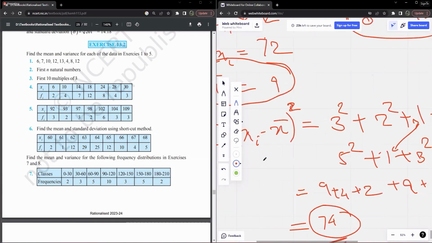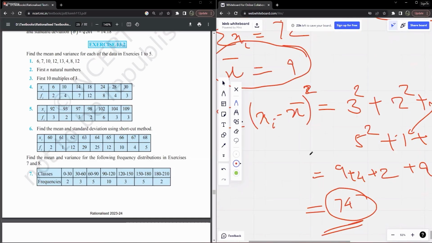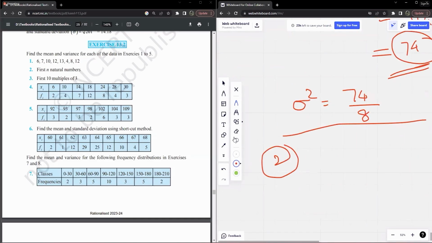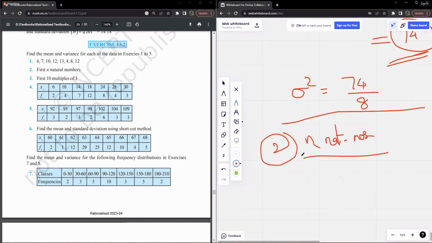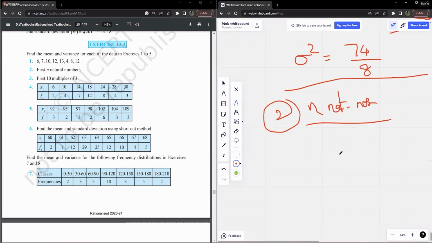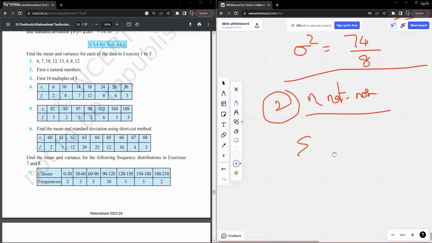Question number 2. First n natural numbers. So I'll use a formula directly. For the first n natural numbers, we know that sigma xi is going to be equal to n into n plus 1 by 2.